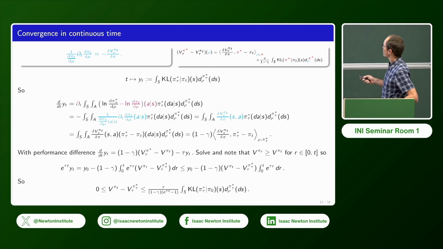So you treat your KL integrated against the occupation measure created by the optimal policy. You treat it as, let's say, a Lyapunov function, the object from which you want to get convergence, and then you take the time derivative of this object. So the time here is pi t coming from the Fisher-Rao flow, which I write in this way.